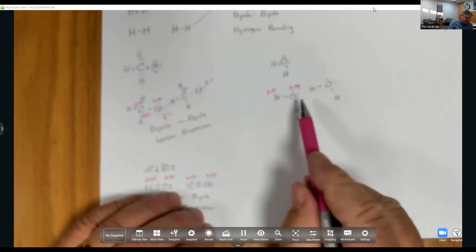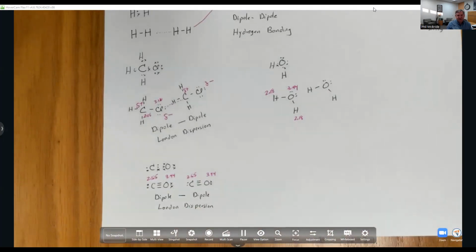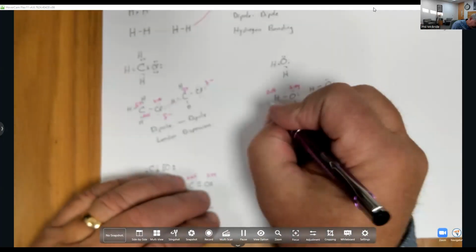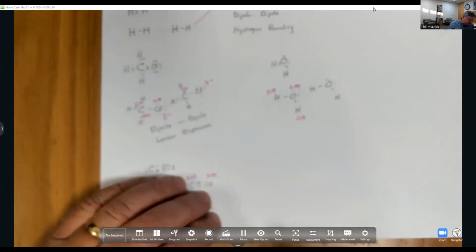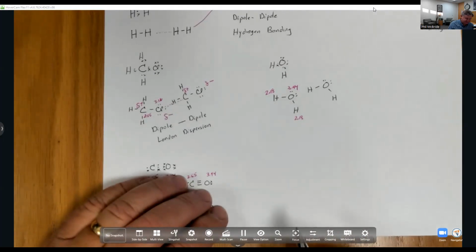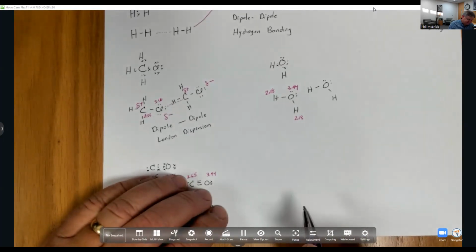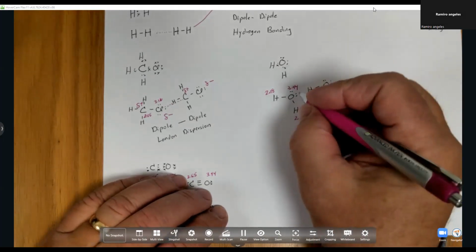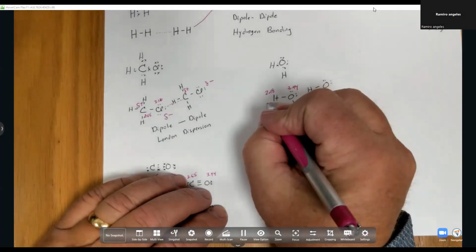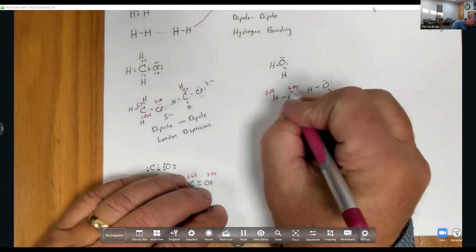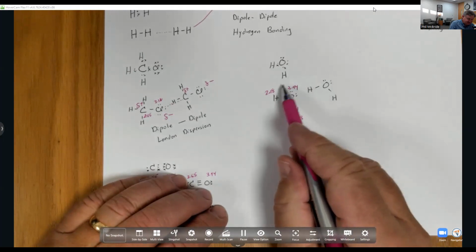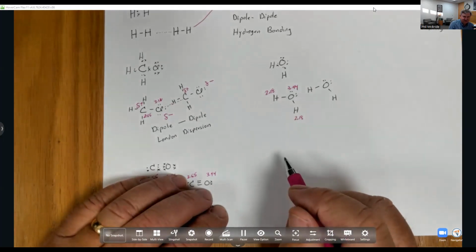So is there a dipole between the oxygen and the hydrogen? Yes. So which one is the negative, which is the positive? Just backwards. These are electronegativity values, so the higher the number, the more negative it's going to be.